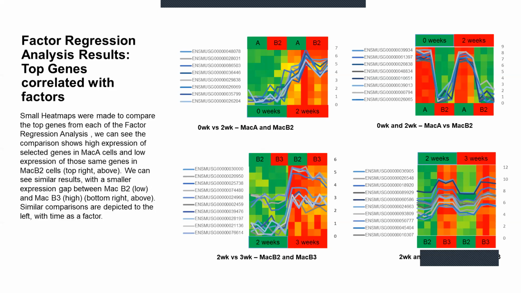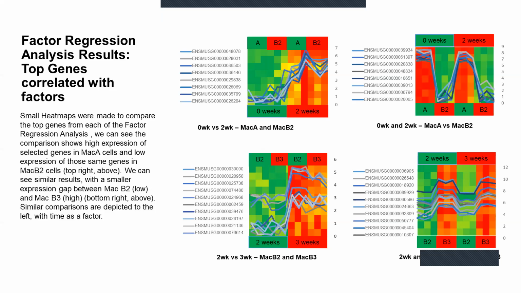We can see, for example, in these heat maps, we said that green is high expression and red is low expression, but in this case, it's turned around. It's just opposite. So we have a situation where weeks or time is influencing these 8 genes. You can see on the top left quadrant, they are increased in expression over time. So just after 2 weeks, 14 days, we have a high increase in expression of these genes.